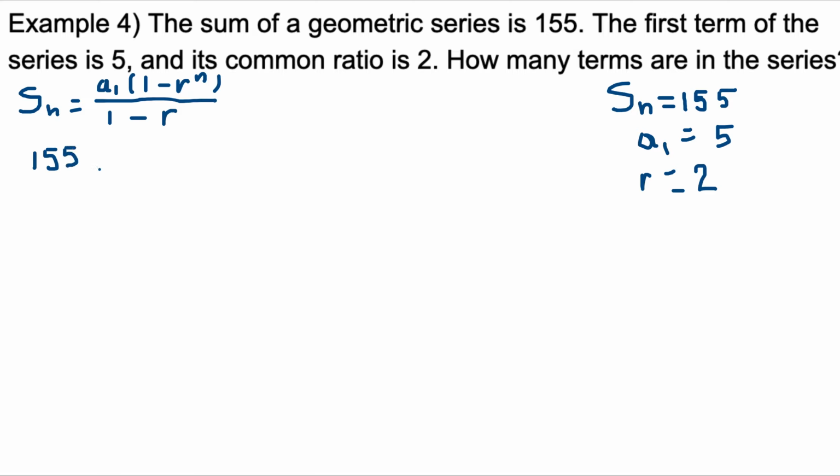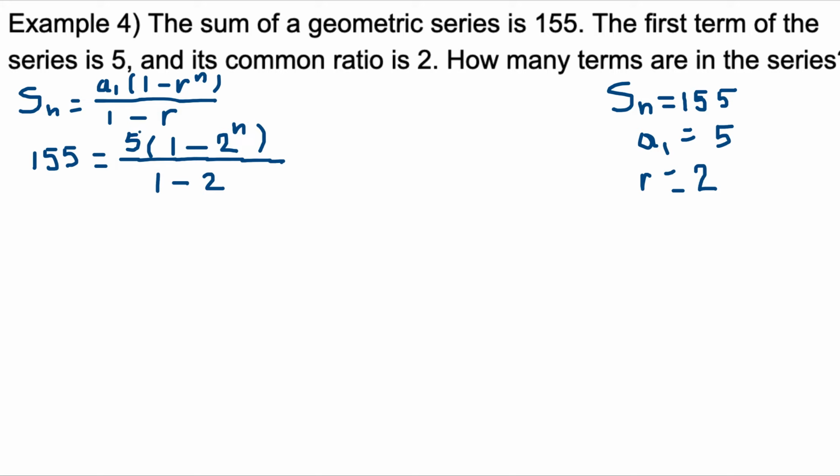In example 3 we couldn't, which is why we used the explicit definition of geometric sequences. Here a_1 is 5 and the common ratio is 2. Only n is unknown, so we can solve it.